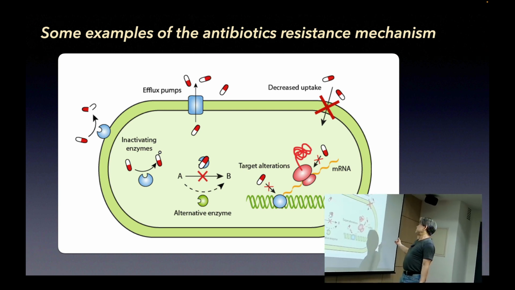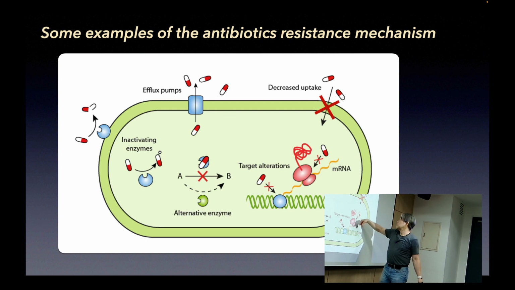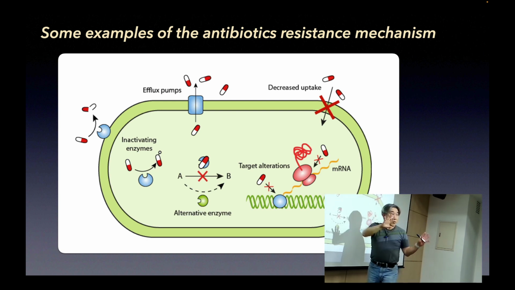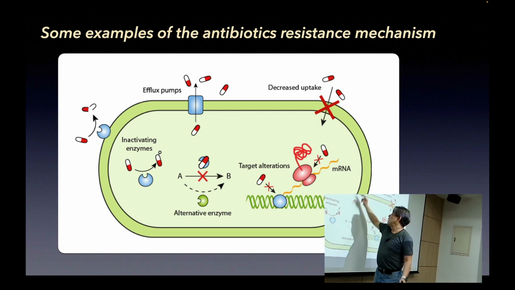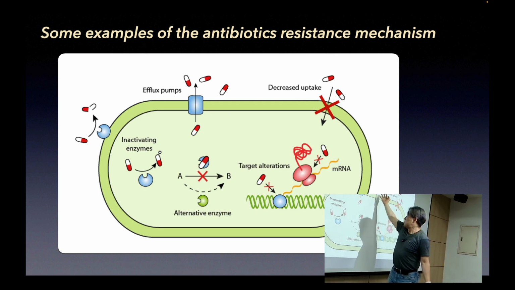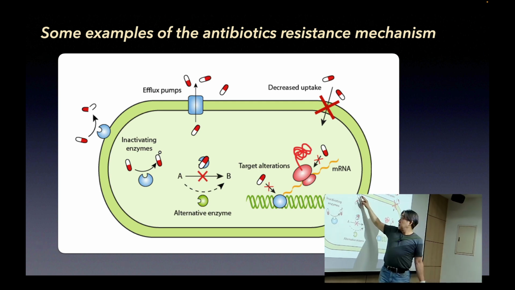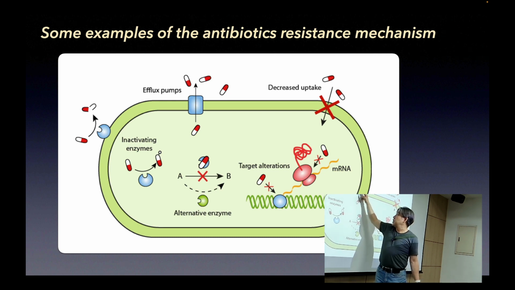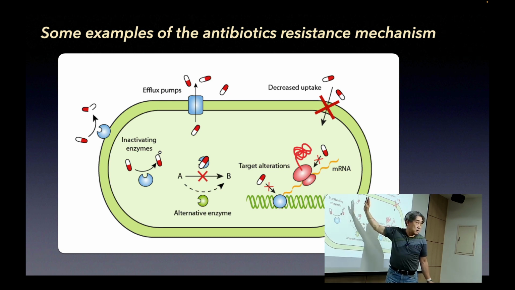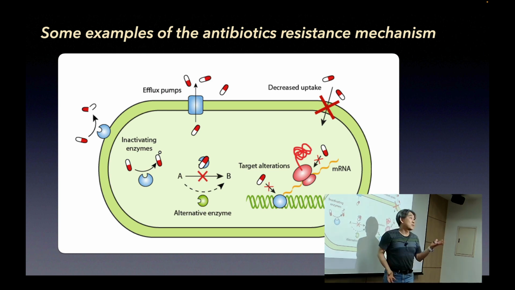So for example, one such mechanism would be that antibiotics have to enter the cell, but somehow you have a mutation in the gene making this transporter protein.